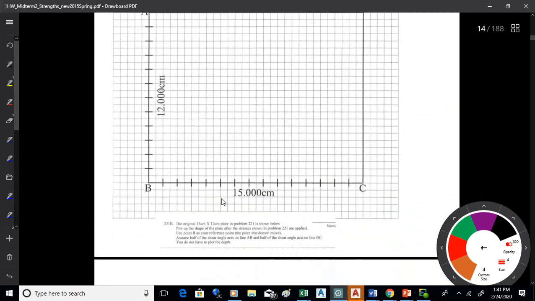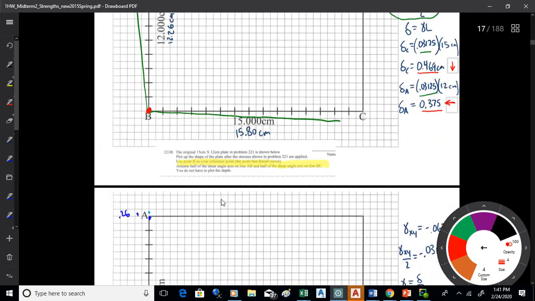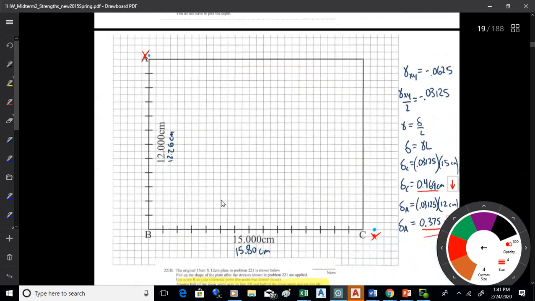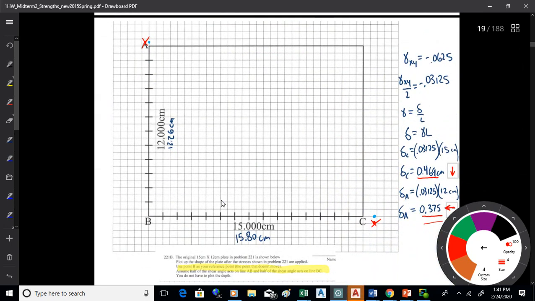Okay, and then we did that exercise of walking through how it would deform. I did make that one assumption there that half of the shear strain acted on line BC and half of it acted on BA. So this is 221B here that I'm looking at, that graph paper with the rectangle. So I've got a scale of 2 small boxes to the centimeter.